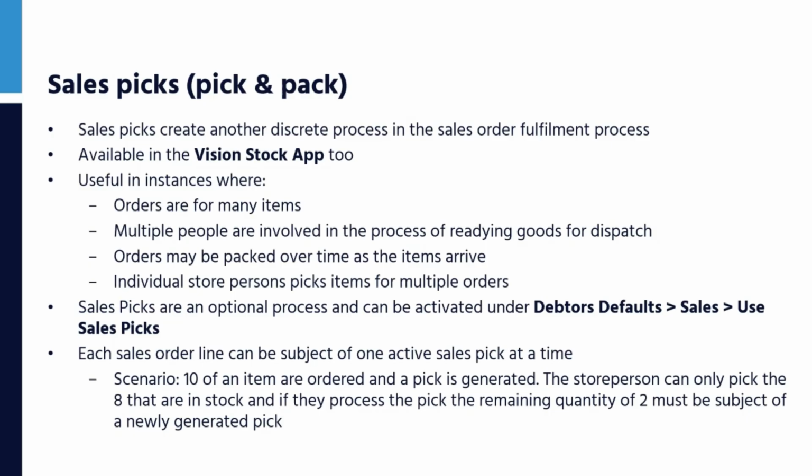And each sales order line can be subject of only one active sales pick at a time. So this is something that does cause a little bit of confusion for those that are using the sales pick process.